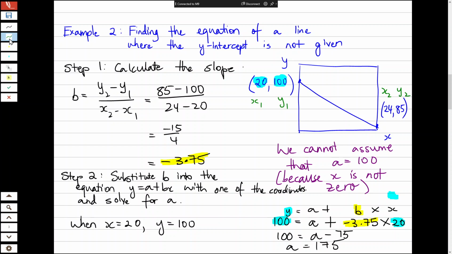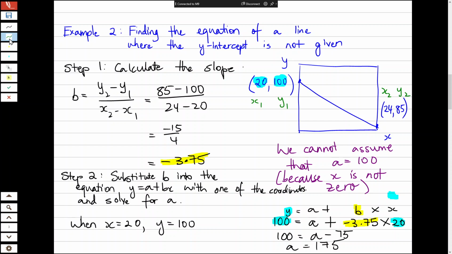The reason why people have trouble with this calculation is because there's a few steps involved. Here we start by finding the slope or the gradient, and that just involved applying this formula, the gradient or slope formula, to find the steepness of the line. Once we found the steepness, which was this number, I'm not done.